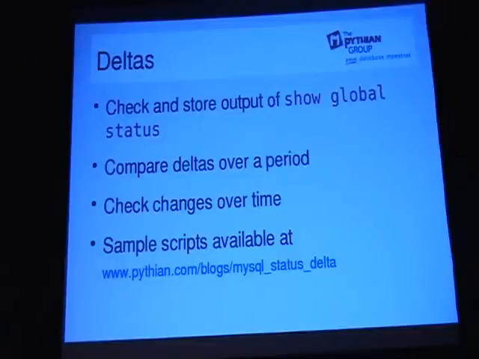Is it going up? Is it going up faster than it was before? Is it stable now? You will see things very easily with open tables, thread cache, or threads created. It'll be a little harder to check for joins or sort buffers, but you should be able to see some effect on that as well. And there's some sample scripts and outputs if you want to go look at that.